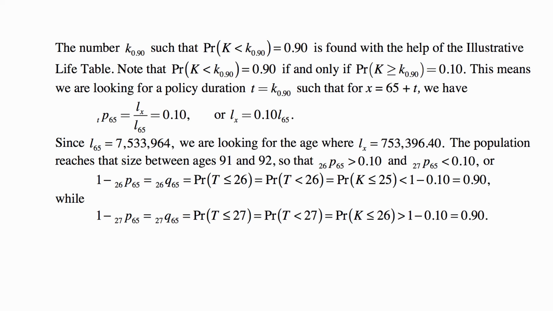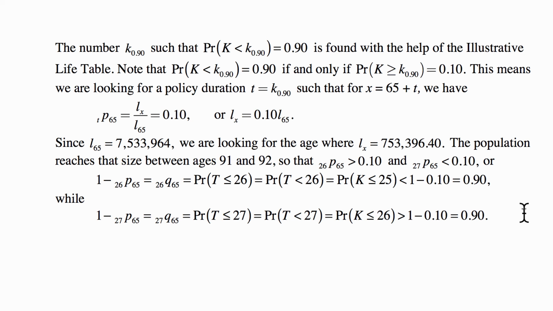So we're looking for a time such that surviving to this time, in terms of policy duration, and for survival to that policy duration or age 65 plus the duration of the policy. So for x being that, the probability of survival to age x is 0.10, or l_x is 0.10 times l_65.